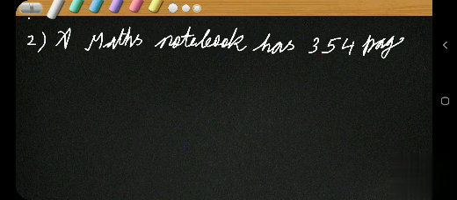A math notebook has 354 pages. That student may be studying in degree or PG like that. You do one thing, learn maths well and take maths for your degree, PG and PhD, etc. You start loving maths. Okay.